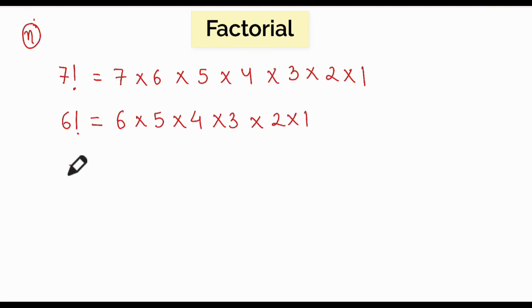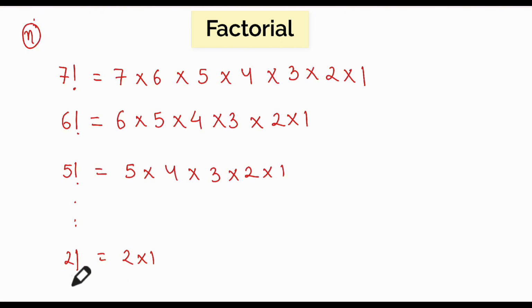Similarly, 5 factorial will be 5 into 4 into 3 into 2 into 1, and so on. For example, 2 factorial will be equal to 2 into 1, and 1 factorial will be equal to 1. Okay, so what do we see here? As we are progressing from here to here, do we see a kind of pattern?